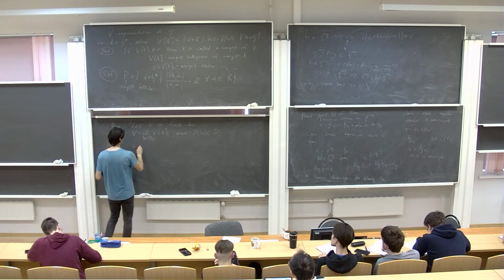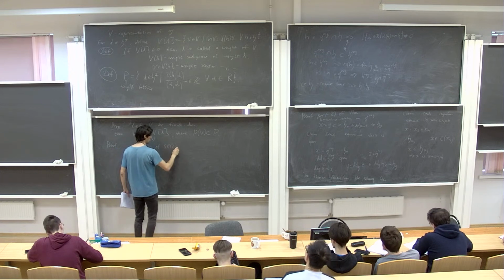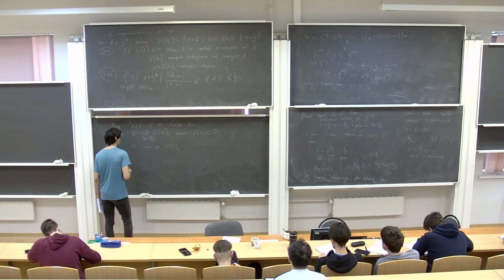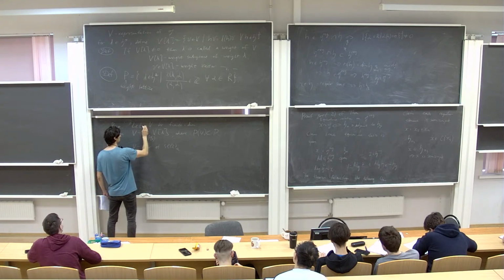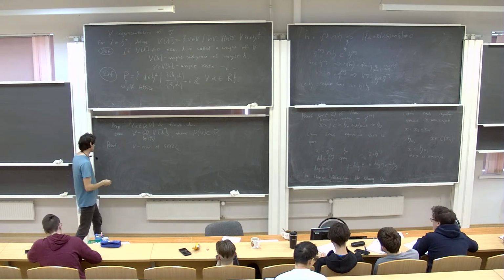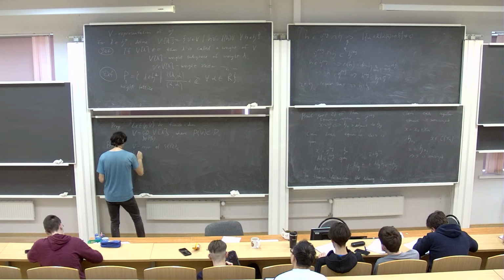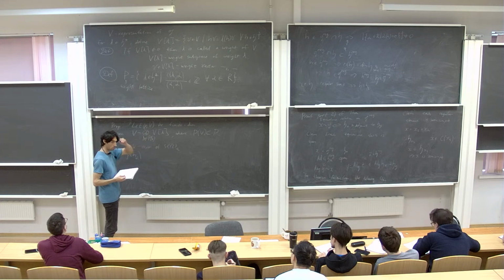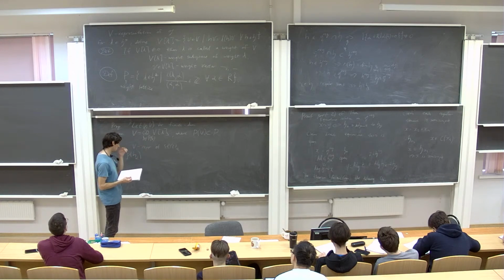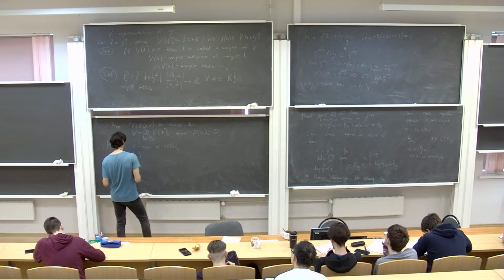V is, of course, a representation of each SL2 triple. Therefore, if my representation and corresponding homomorphism is rho, then rho of H alpha is diagonalizable because V is a representation of SL2 alpha. We know from representation theory of SL2 that the Cartan element there is diagonalizable.